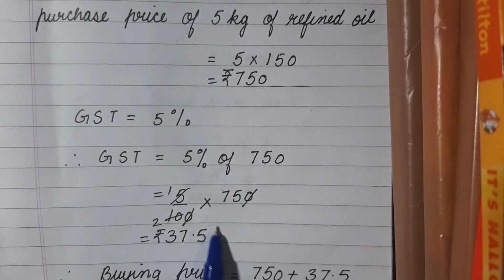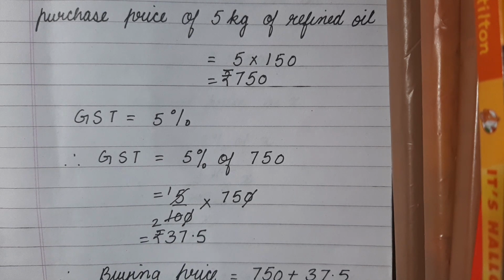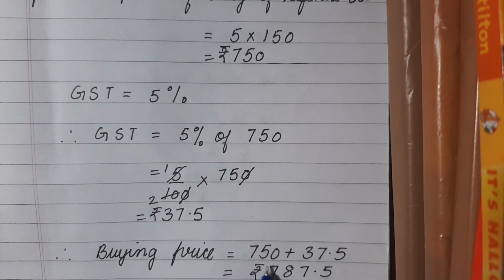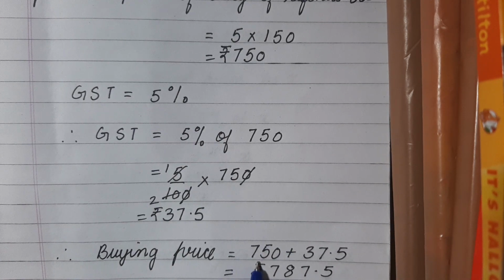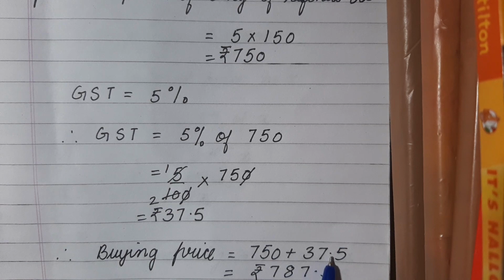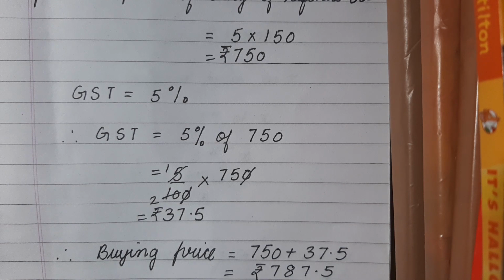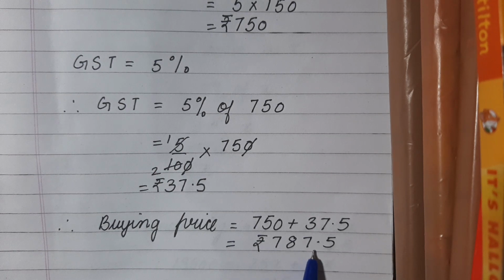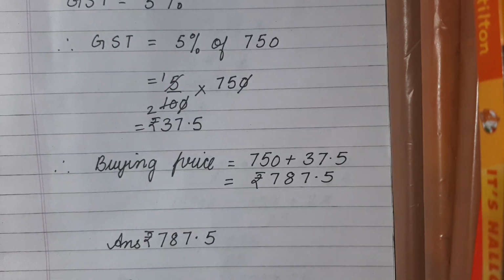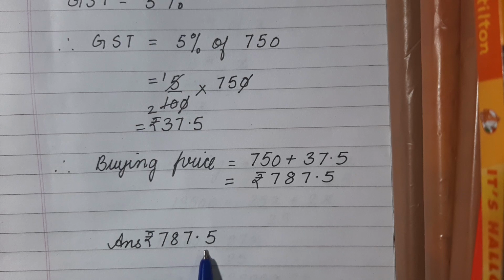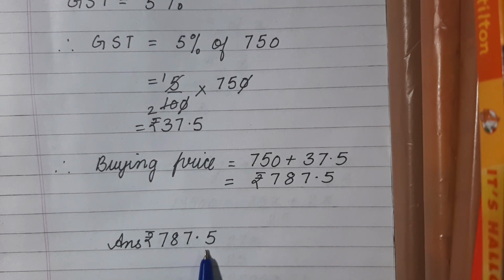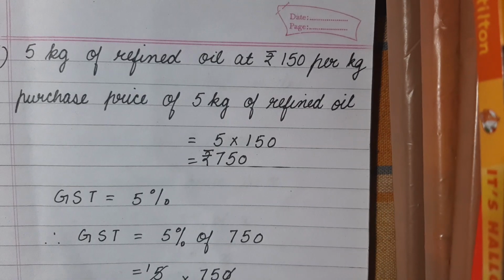Therefore the buying price will be 750 plus the GST 37.5, that is 787.50, and the answer will be rupees 787.50, adding GST.